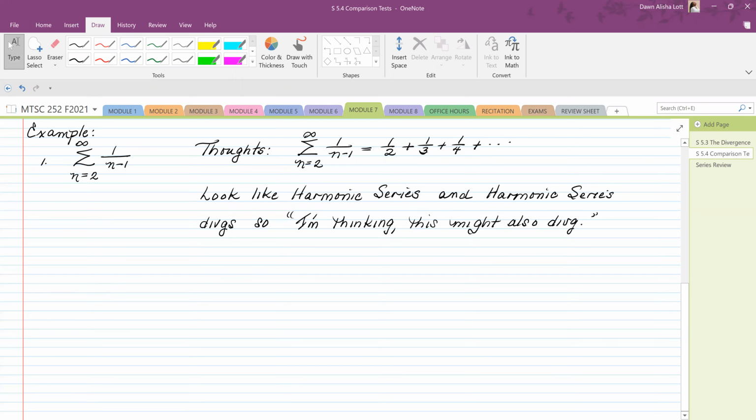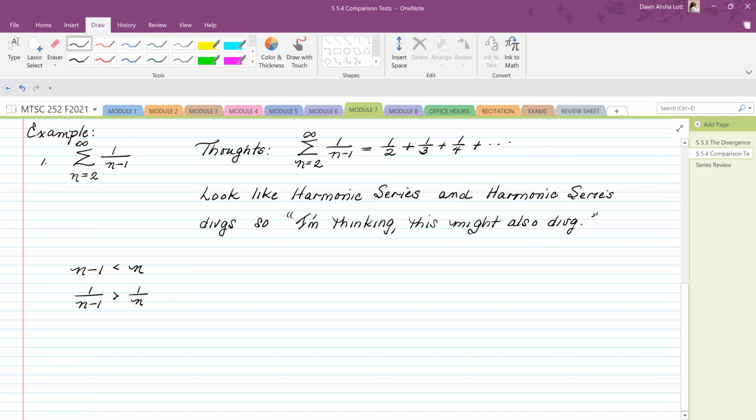So I know that n minus 1 is always less than n. That means 1 over n minus 1 is always bigger than 1 over n.